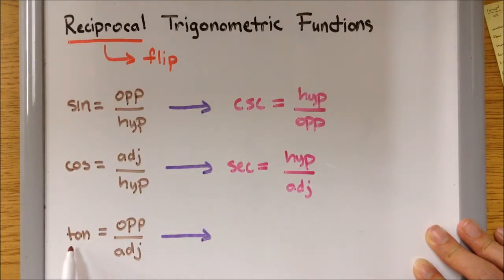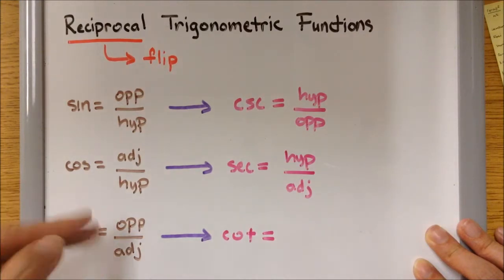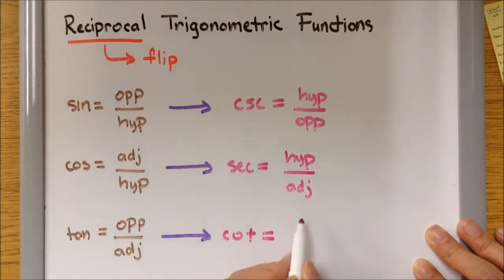Last, the reciprocal for tangent is called cotangent, C-O-T. And it equals the reciprocal, so that means I'm going to flip the fraction, it will be adjacent over opposite.